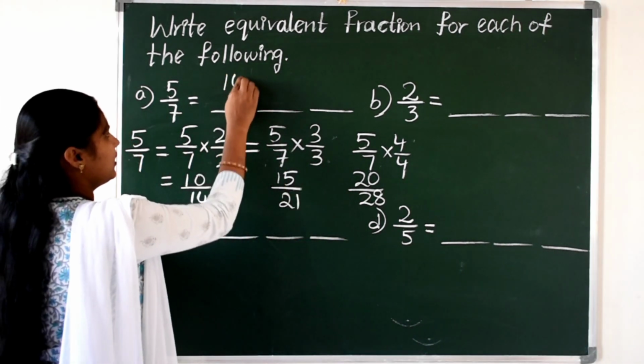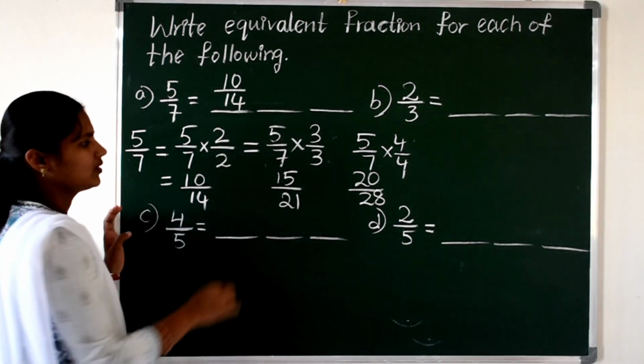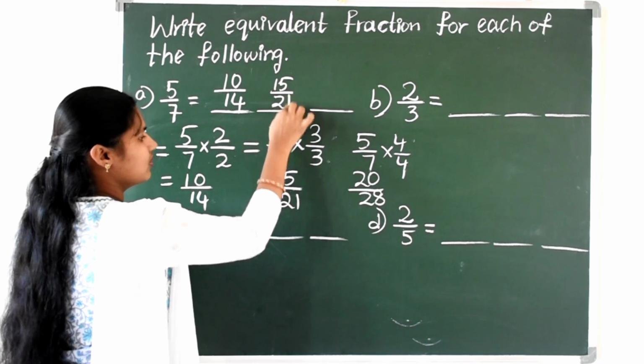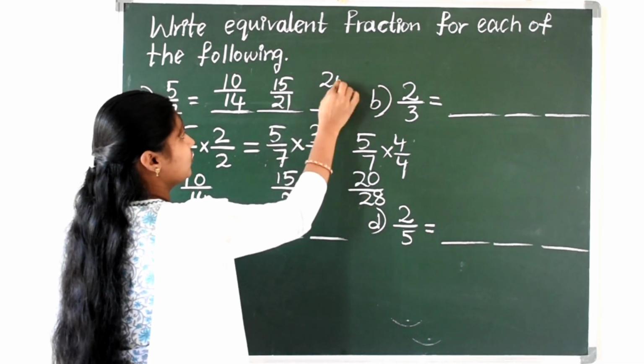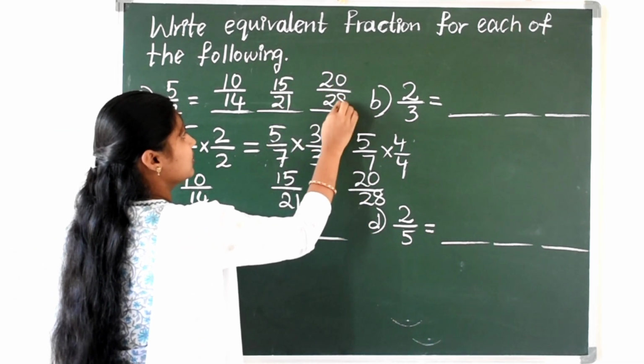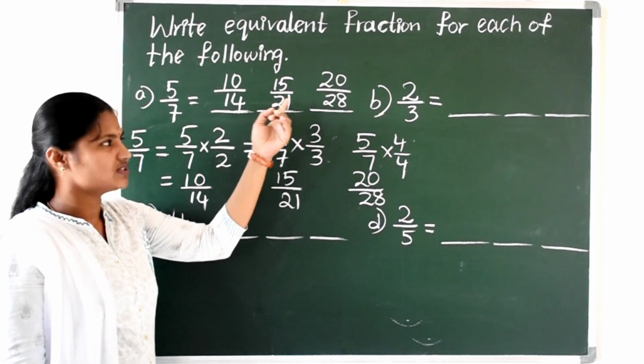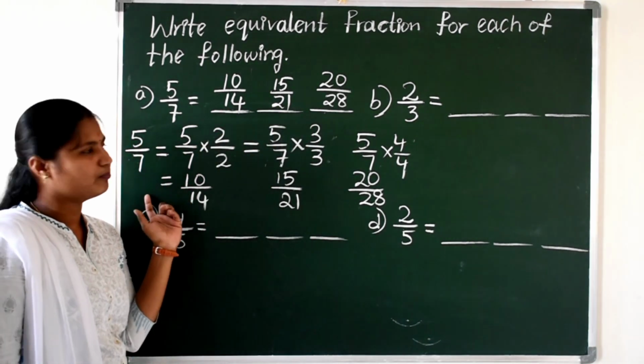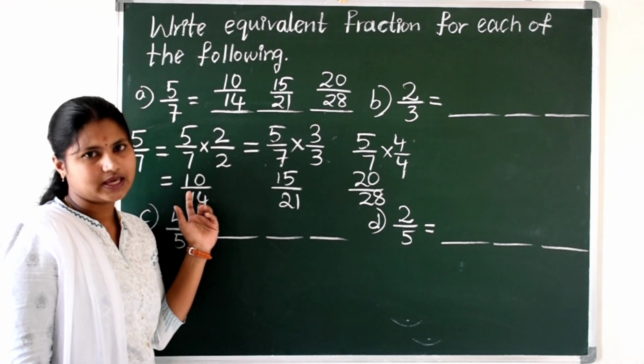These are the equivalent fractions for the given fraction: 10 by 14, 15 by 21, and 20 by 28. Are these equivalent fractions or not? How to check? If we cross multiply, we will get the same answer.